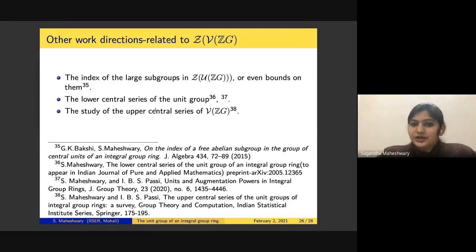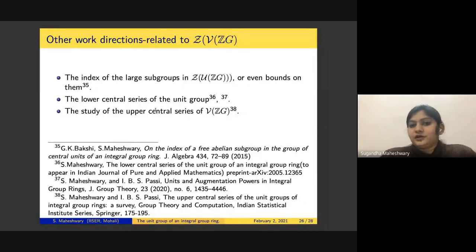So in order to understand this upper central series, all that you need to know is for which groups the central height is 0. Central height 2 is known to you. In case you understand the cases where central height is 0, you classify the central height of a given group. And that boils down to understanding whether the central units in VZG are trivial or not, right?